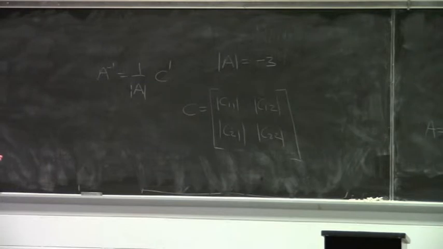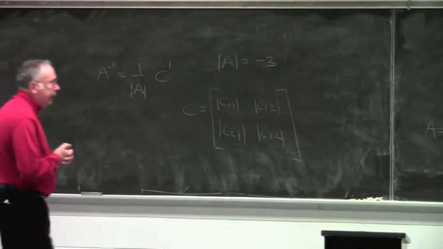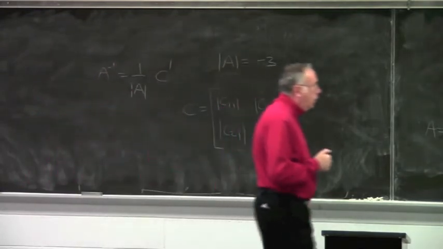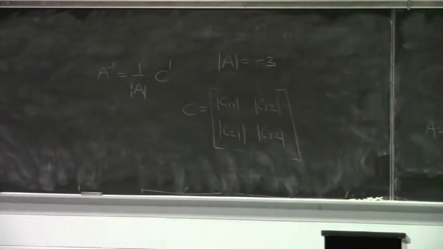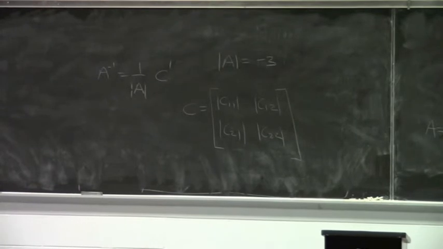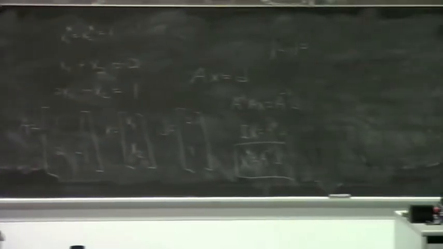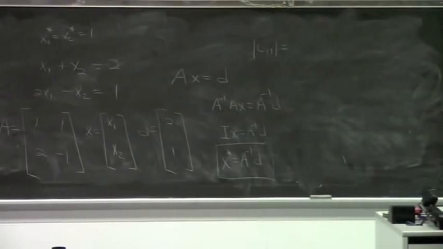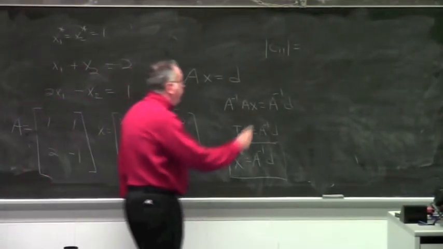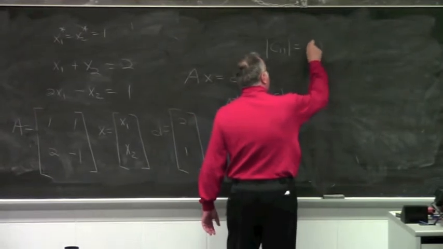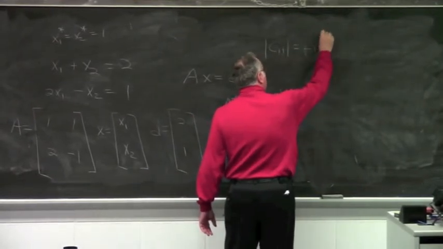For 2 by 2 matrices, this is very simple. What is C11? Well, following the definition, it's minus 1 to what power? 2. i plus j here is 2.